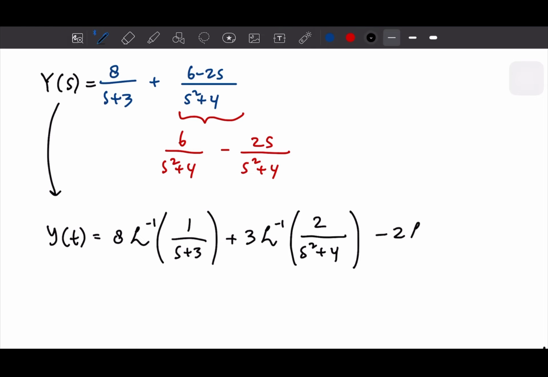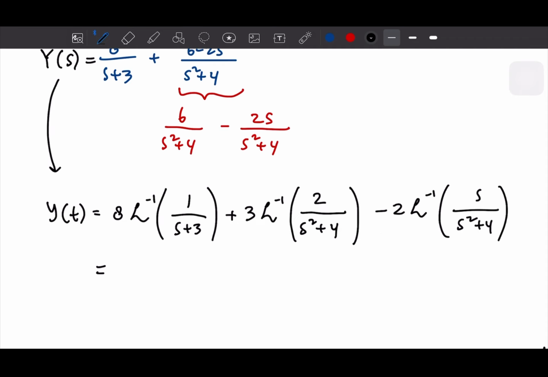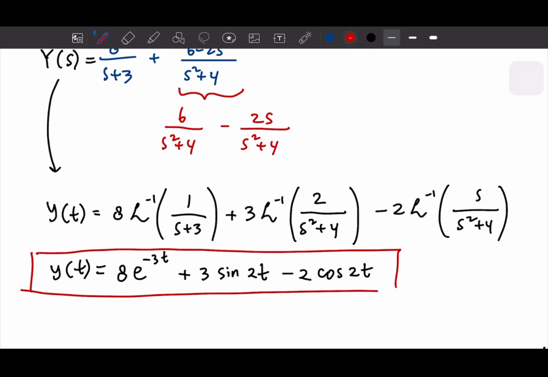So minus 2 Laplace inverse of s over s squared plus 4. So we transform back, and we get 8e to the minus 3t. The default is s minus alpha, right? And then plus 3 sine 2t, and the last part is minus 2 cosine. So we get directly the results of the solutions.